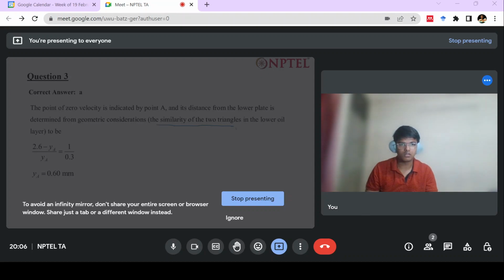So how will this method work? Similarity of two triangles: our profile looks like this, so we will just do it geometrically. We know this is 1 and this is 0.3, towards this side. We also note that this whole distance is 2.6.